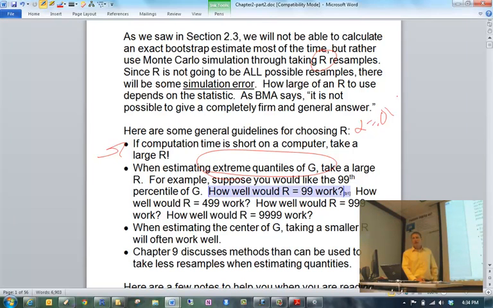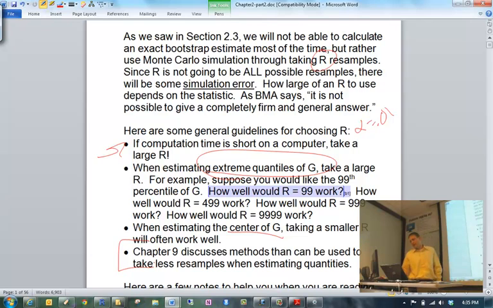Well, you're basically taking the first order, let's say T star. And if you have a left skewed distribution, it's not going to be probably a good estimate. When estimating the center of G, typically you can get away with a lot less because you have a lot of information in the center of your distribution.